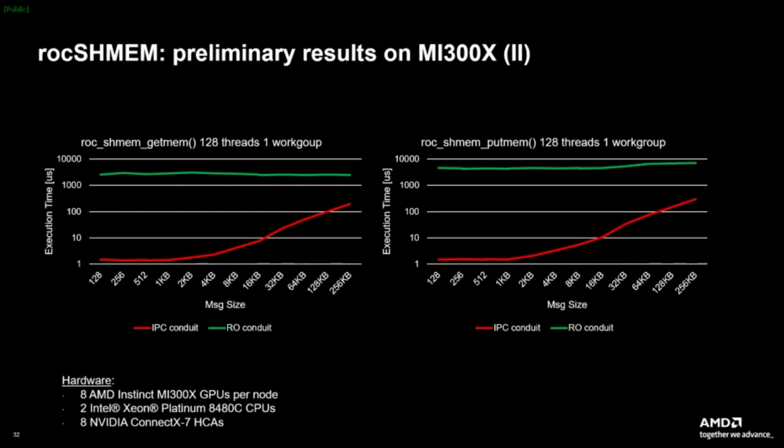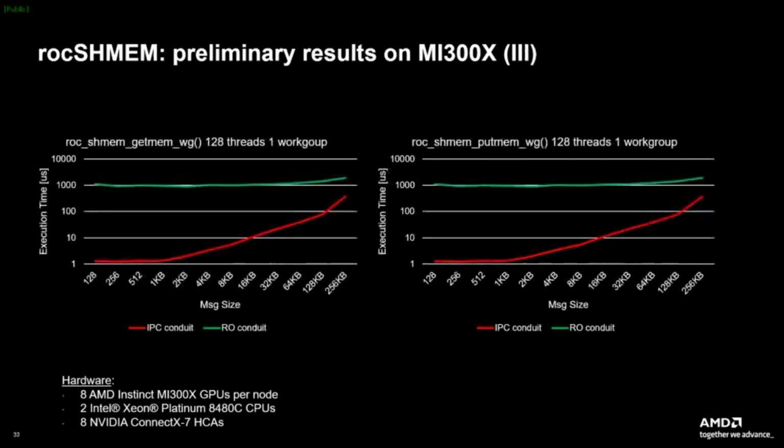load store operations. And going from there to the last, the workgroup-based API functionality, again, we use 128 threads with a single workgroup, but using the functionality that allows it to perform like a thread collective operation.